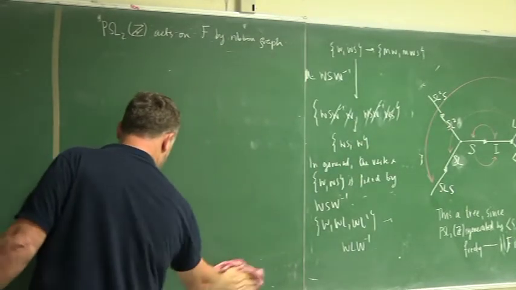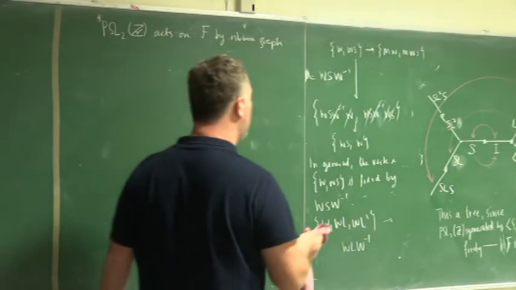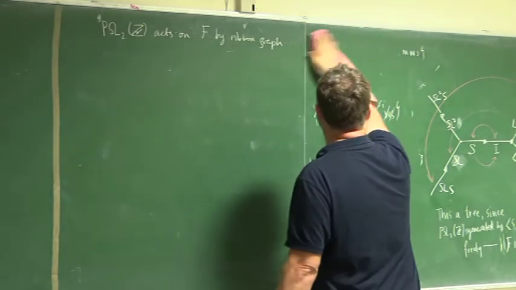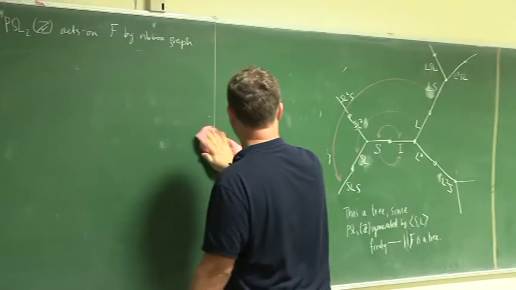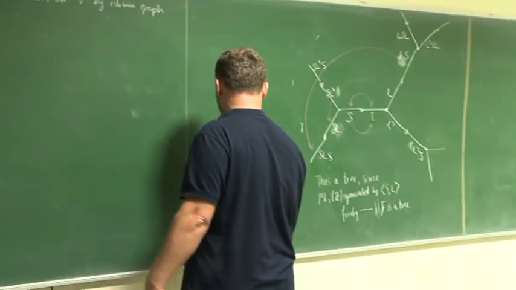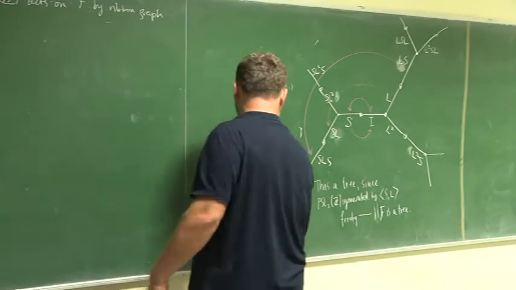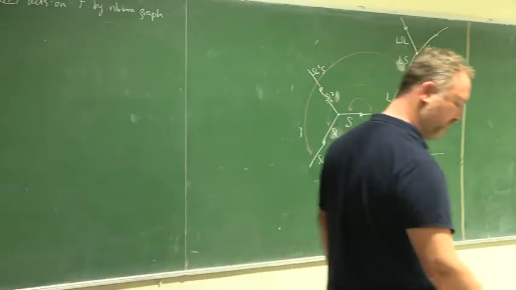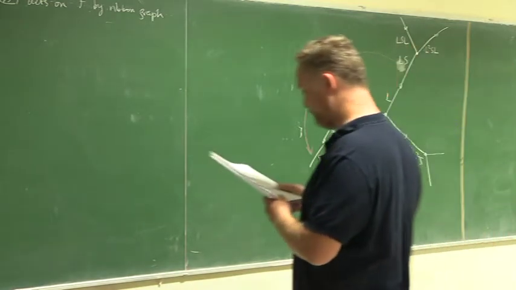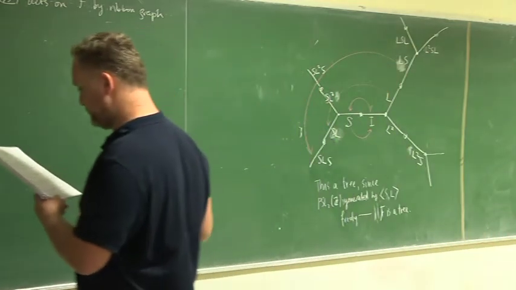In fact, I must define what an end of a group or end of a topological space or end of a tree is, but I'm not going to do that. Instead of that, I'm going to give some more rather direct definition.